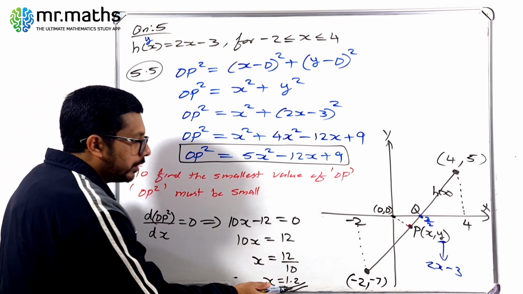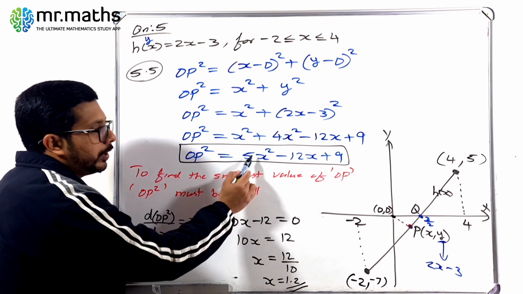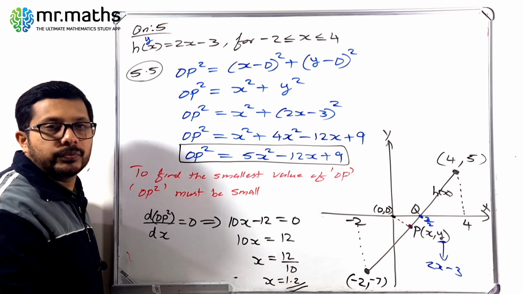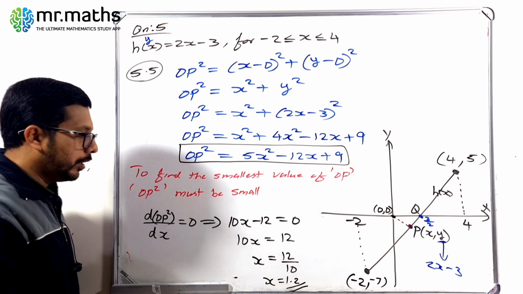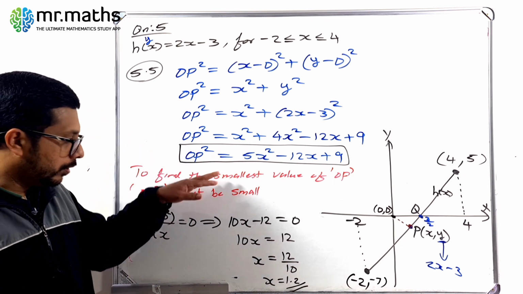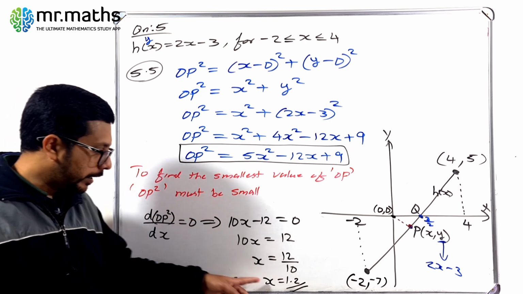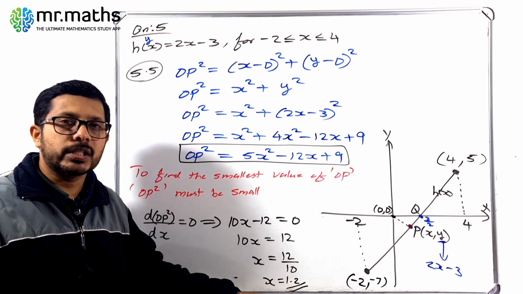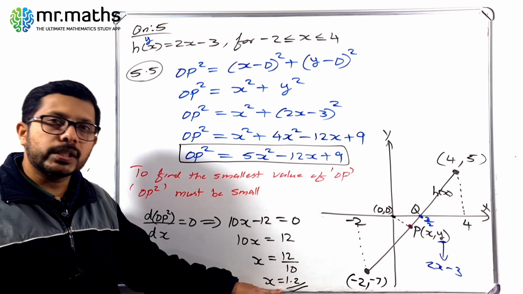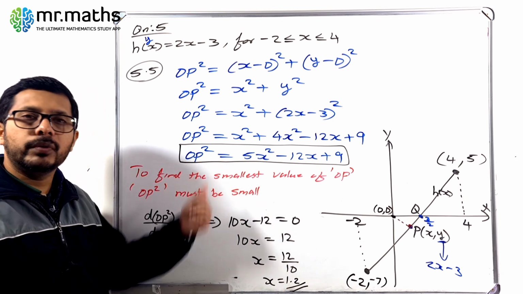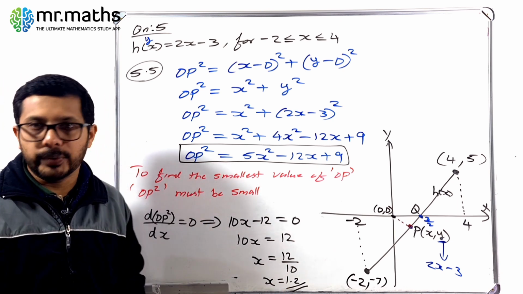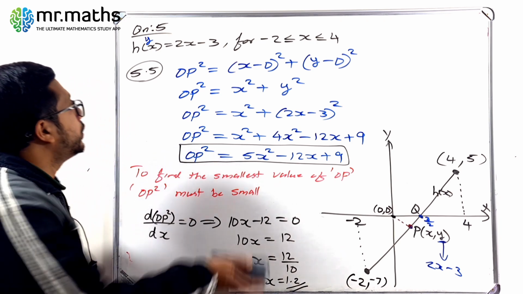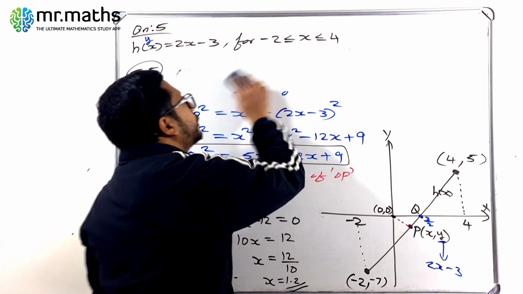So we have to substitute this 1.2 in this equation, then try to find the value of OP. So when OP square is small, what is the x value? 1.2. So how can you find the smallest distance now? Substitute this x value in this equation, then you will get the smallest distance of OP. Okay, so let's substitute that in that equation.